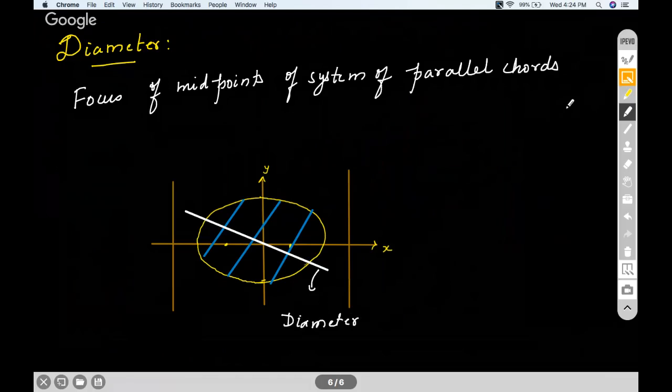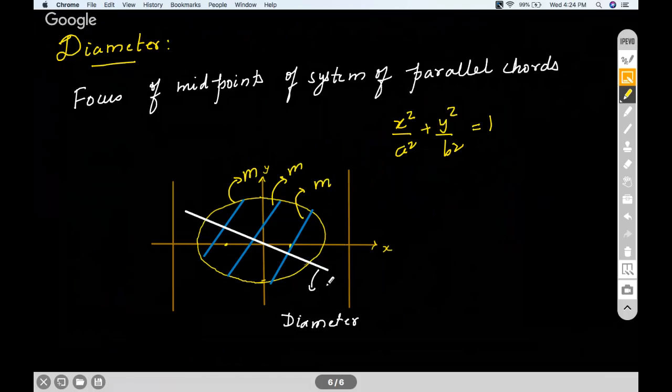Now let me ask this as a direct question to you. Find the equation of the diameter that bisects a system of parallel chords with a slope of m. So let's say we have our standard case of an ellipse, and all these chords have the slope of m each.